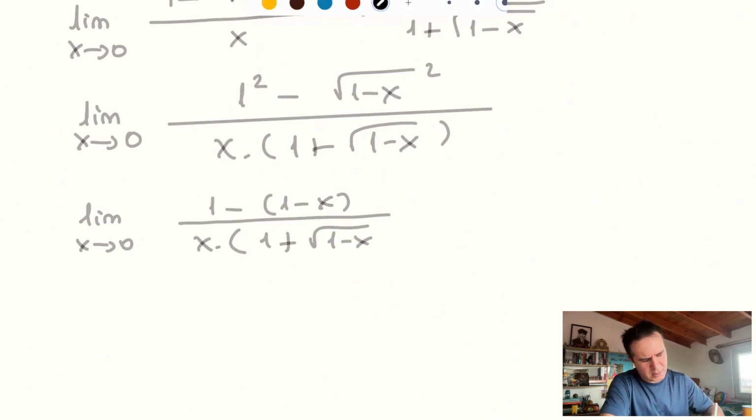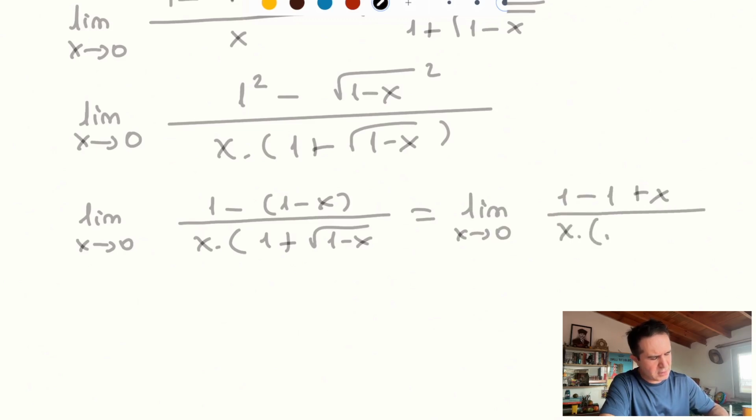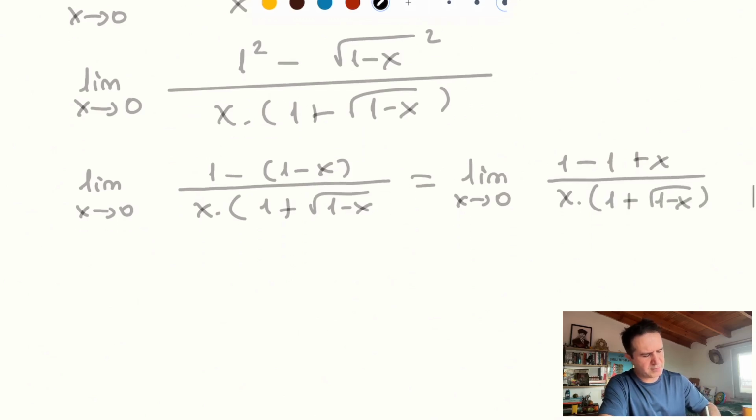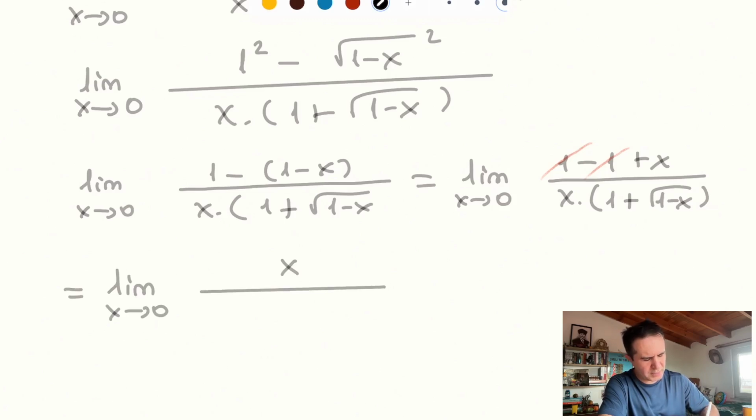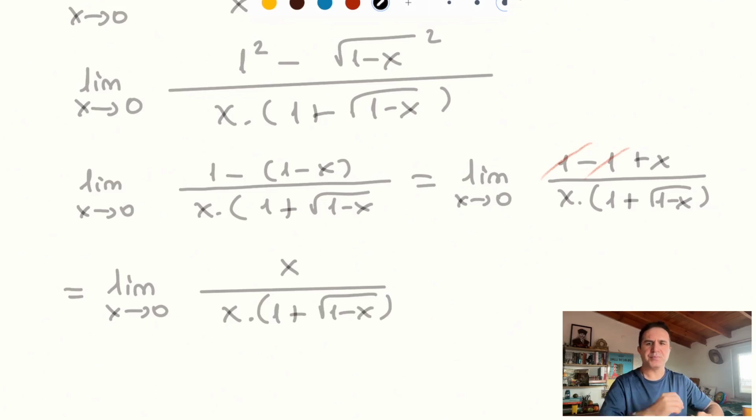And this is equal to the limit as x approaches 0 of (1 minus 1 plus x) divided by x times (1 plus the square root of 1 minus x). These ones cancel each other and we get the limit as x approaches 0 of x divided by x times (1 plus the square root of 1 minus x).